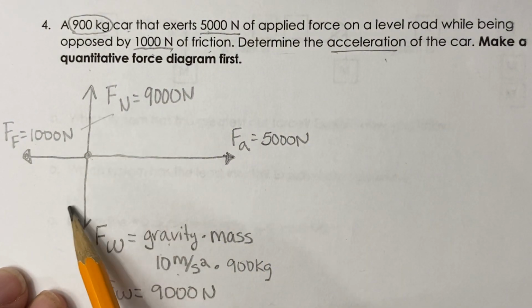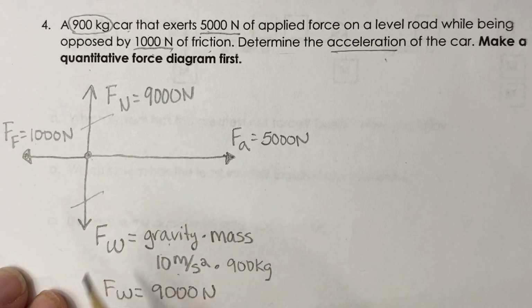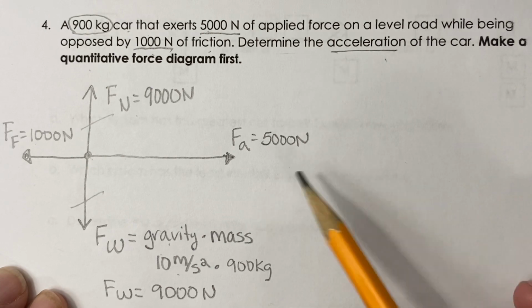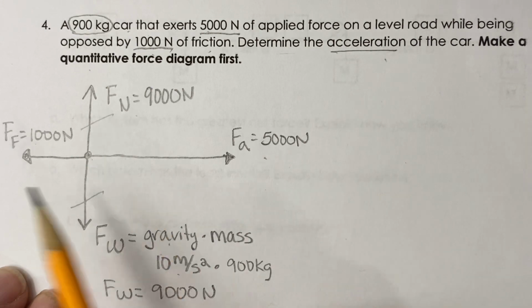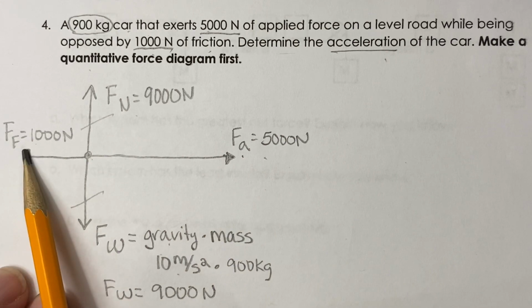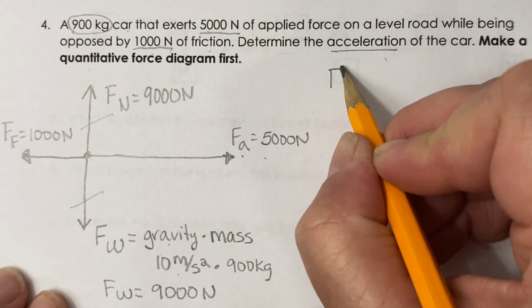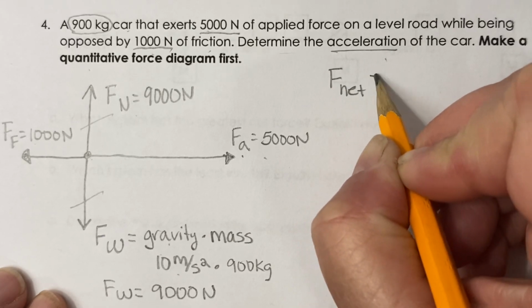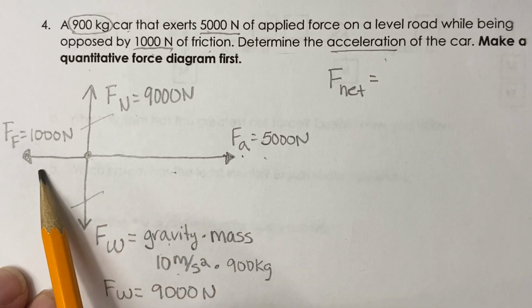So my force of gravity, which is the weight, and the normal force are going to cancel each other out. So now I'm left with my applied force and my friction force to calculate the acceleration, right? So I want to figure out the net force. These are not equal and opposite, right?